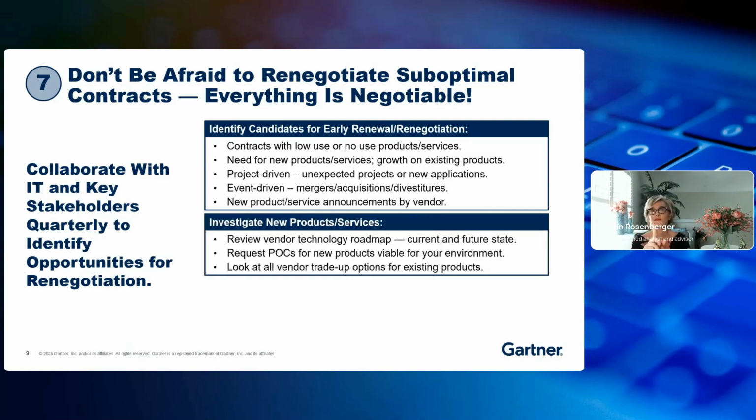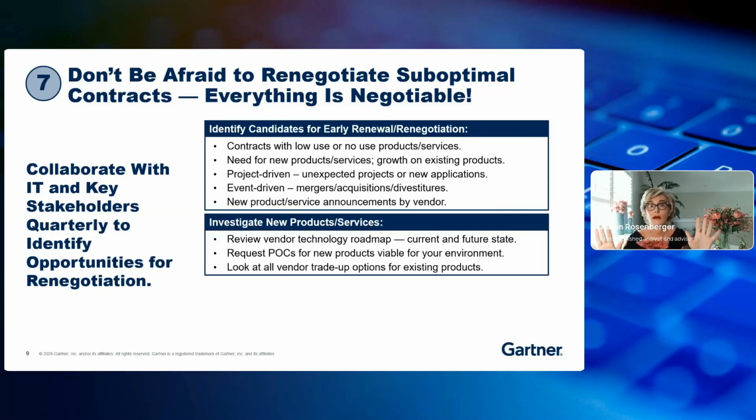So let's take a look at what the vendor has out there to offer. Vendors' roadmaps, vendors' offerings change regularly. They're always having new versions of products and services you have today. They want you to trade up many times.